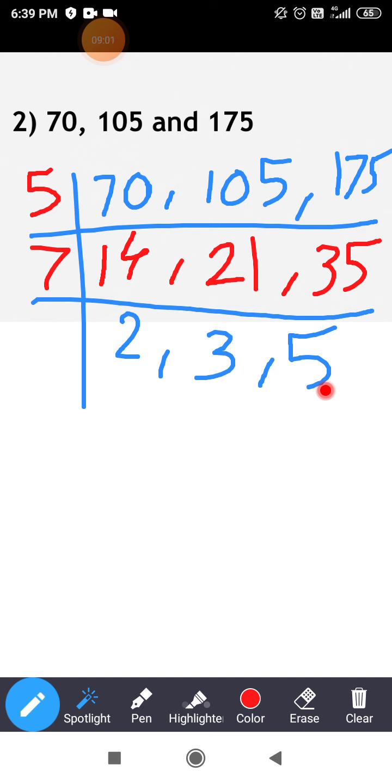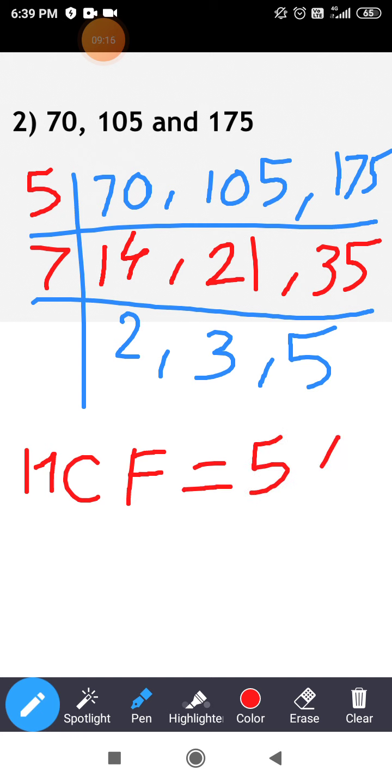All the three numbers are prime numbers, and prime numbers are divisible by only 1 and the number itself. It means they will now not be divisible by any common number. So for finding the HCF, which numbers am I going to multiply? 5 and 7. 5 sevens are 35. So here the HCF of the given numbers is 35.